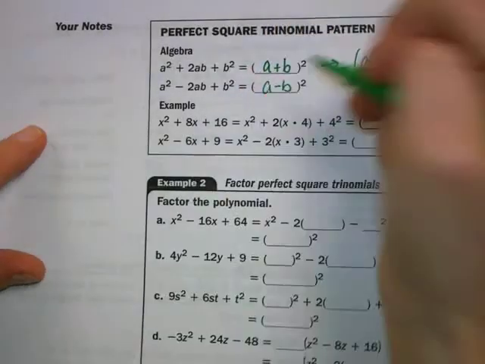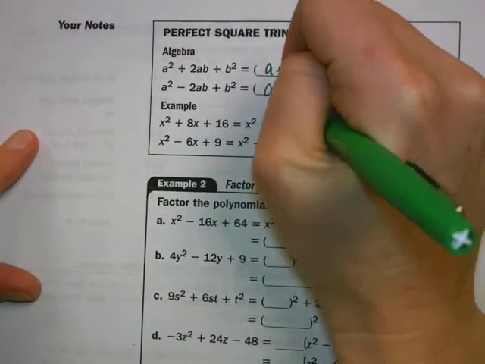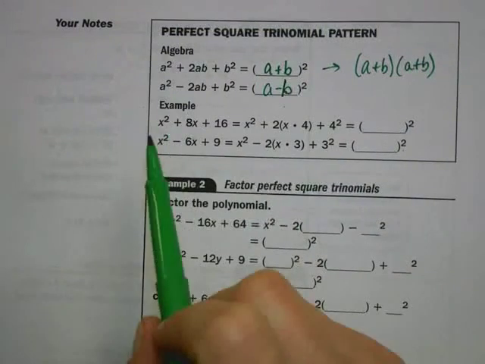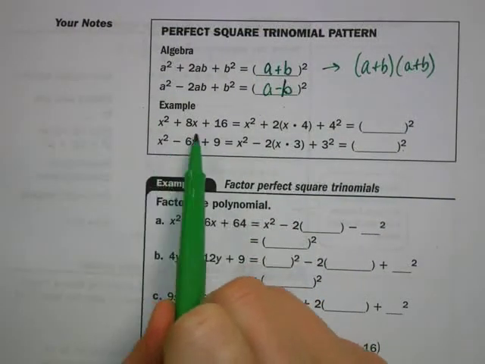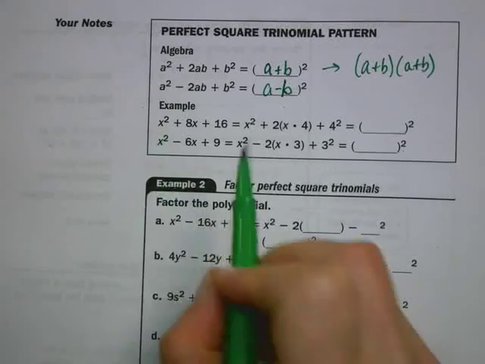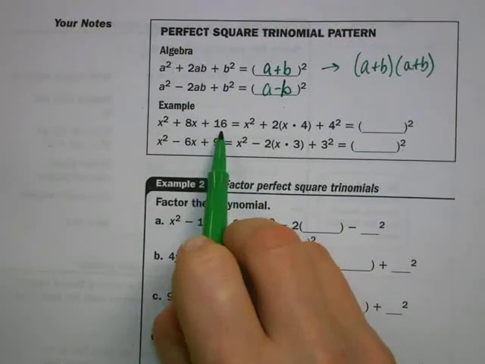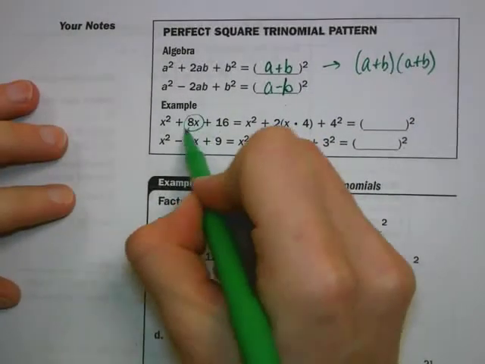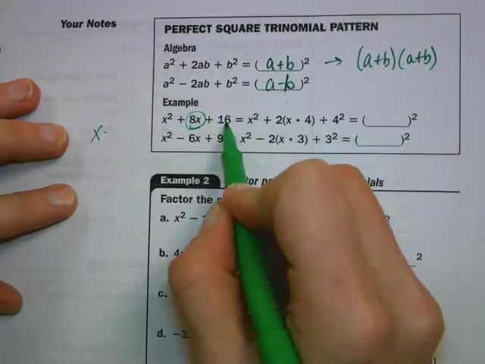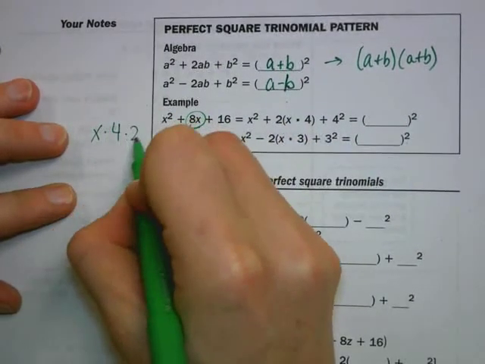So what you need to do is recognize the pattern and then take the shortcut. So I say, is this a perfect square trinomial? Is the first term a perfect square? Yes. Is the last term a perfect square? Yes. Is this term 2ab? Well, a is x, b is 4, and if I multiply that by 2, do I get the middle term?